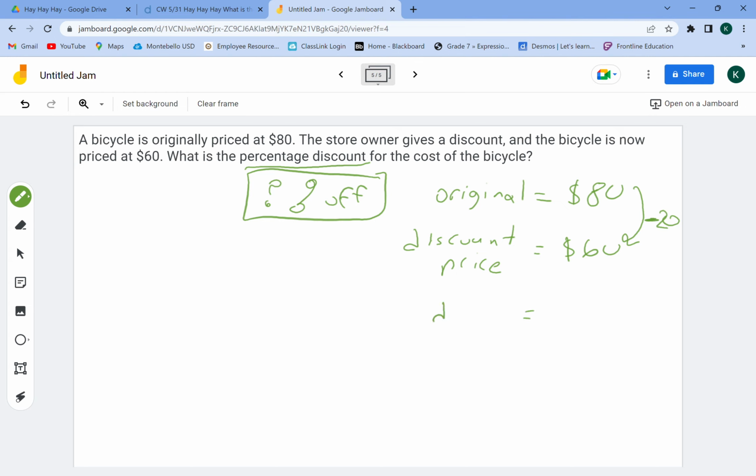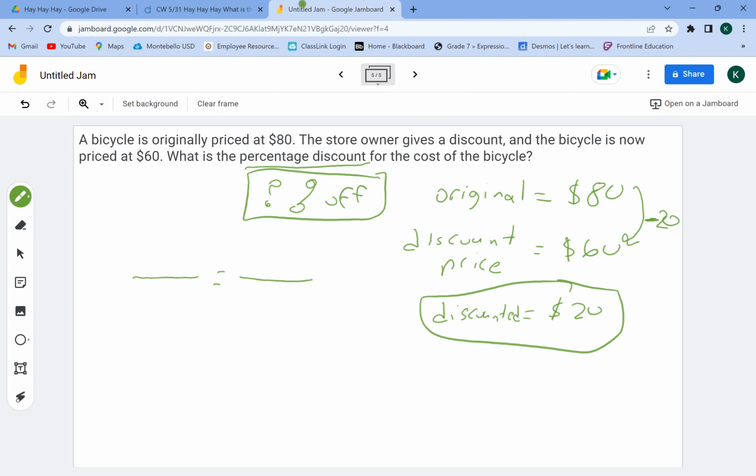So what I'm going to do is put this piece of information. It was discounted by 20 bucks. So when I set up the proportion, instead of using the 60, I'm going to use the 20 to help me figure out the percent off a little bit quicker. So again, I still set up my proportion.